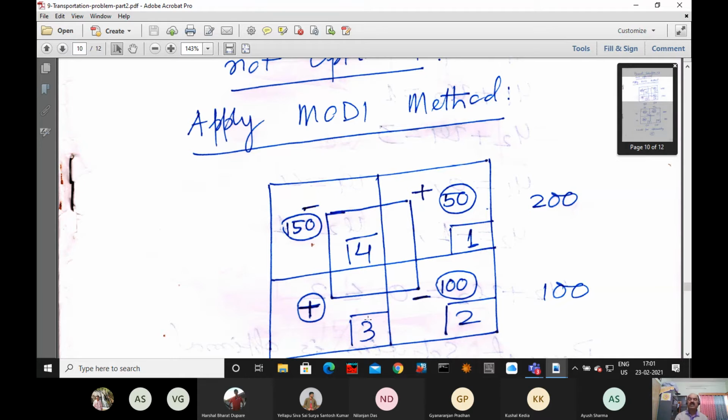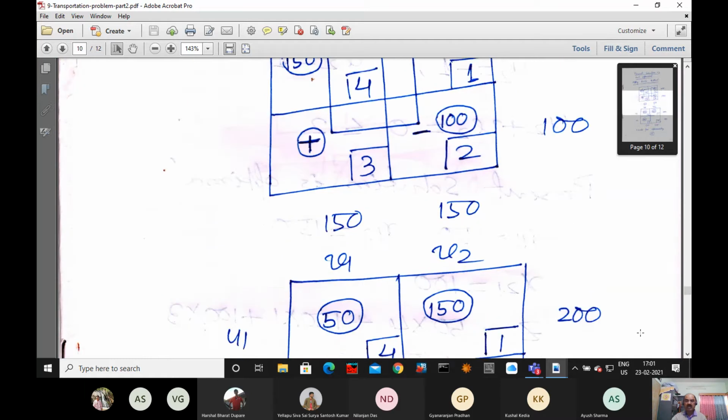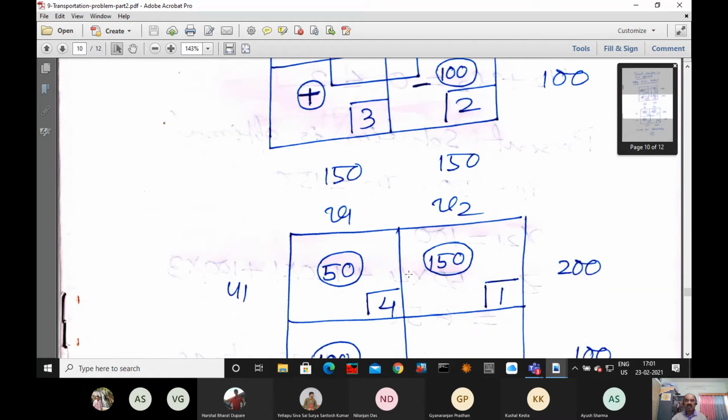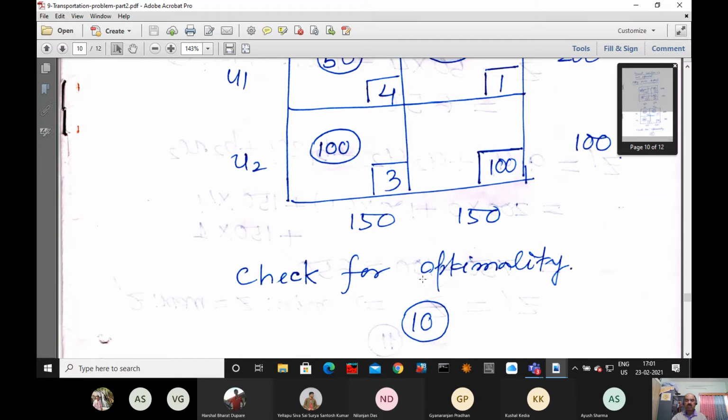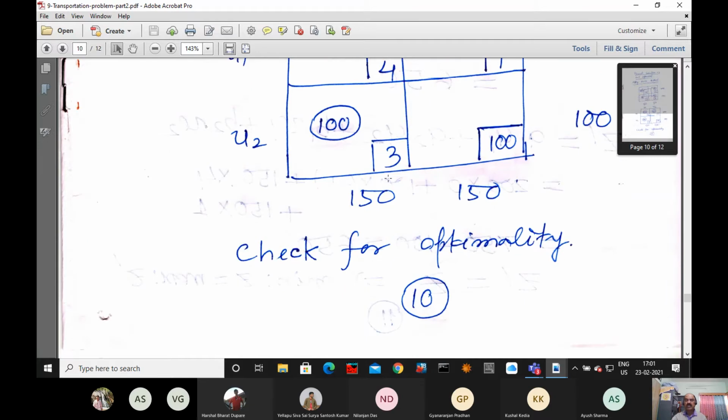So 350 plus 300 is 650. Now the new schedule is like this: 50, 150, 0, 100. So what is the value? The value is coming 650, the objective function value.